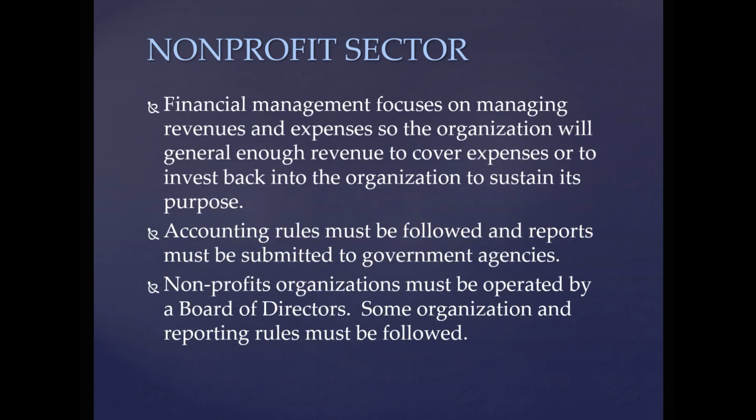So in the not-for-profit sector, financial management really focuses on managing revenues and expenses so the organization will have enough revenue to cover expenses or invest back. There are different accounting rules that have to be followed, and reports have to be submitted to government agencies. Not-for-profit organizations have to be operated by a board of directors, and so the organization and reporting rules have to be followed.